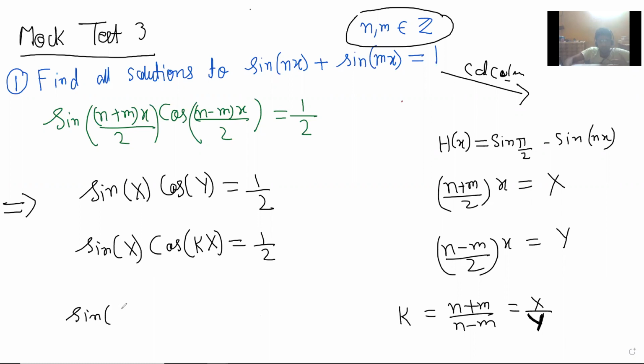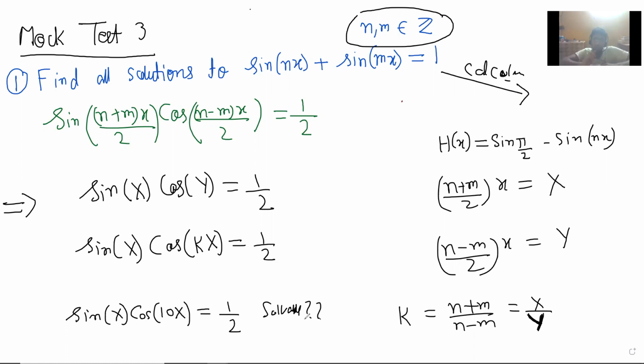Even something like sin x times, let's say, cos 10x can be attained by this thing. You can find m and n such that this can be attained. Is this solvable? You have to find all solutions. How many solutions are there?